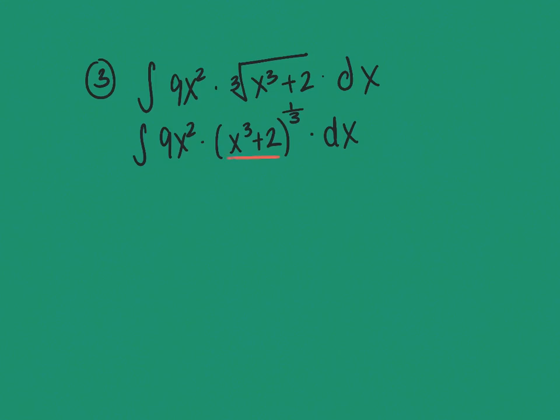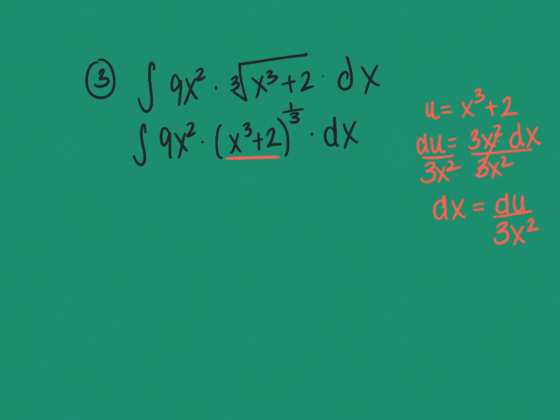So again, we're going to let u equal the stuff that's inside the parentheses. So u is equal to x to the 3rd plus 2. The derivative is 3x squared dx. Divide by 3x squared. So we get dx is du over 3x squared.